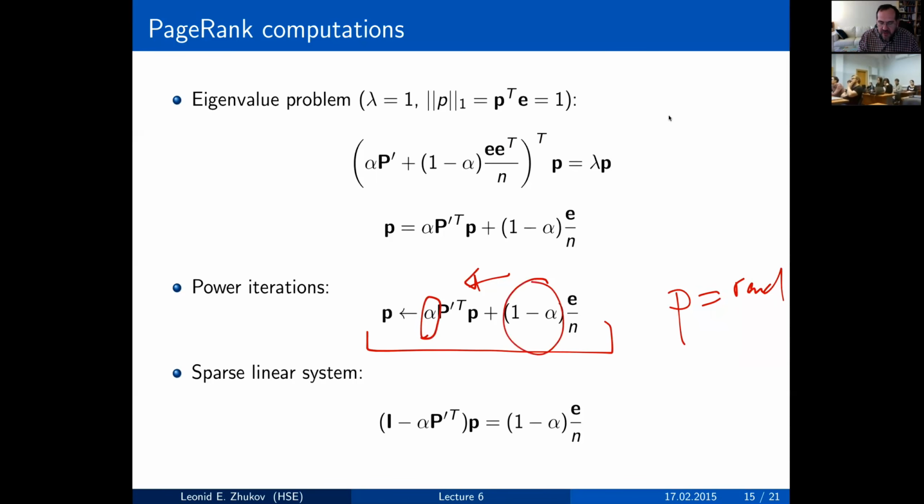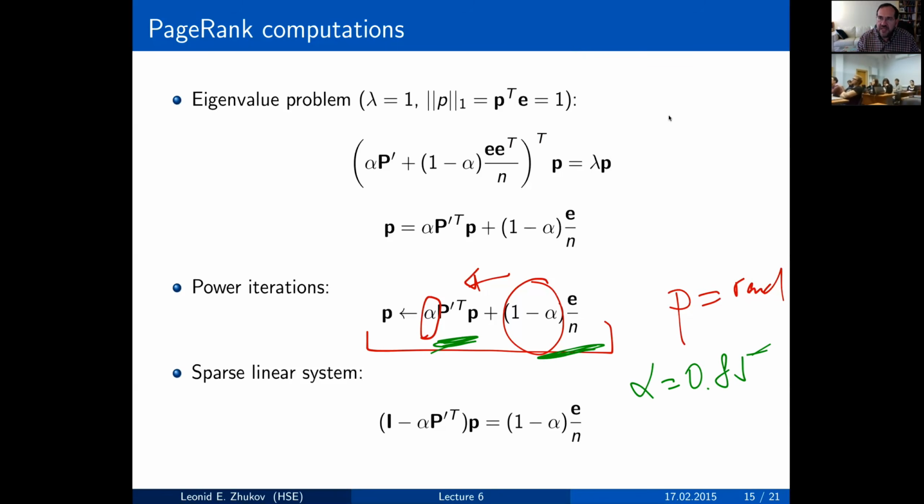This parameter alpha is called the teleportation coefficient. It controls how much in this process we actually follow the real links, because this is following the real links, and this is jumps using virtual links. Google itself claims to use alpha to be 0.85, so it's 85% following the real links and 15% doing random hops.